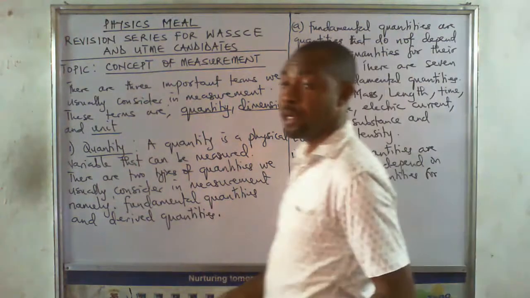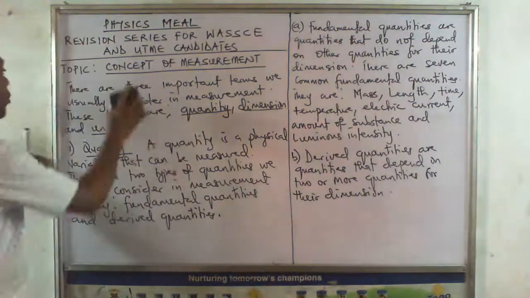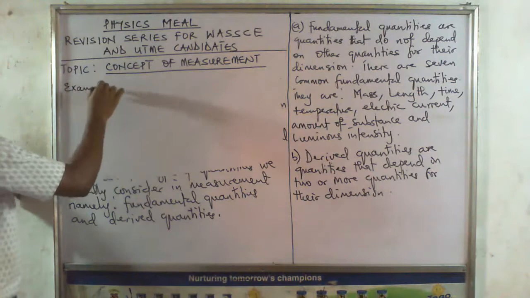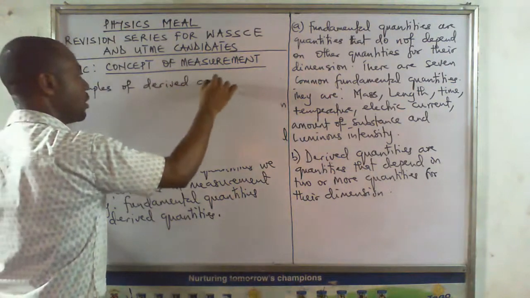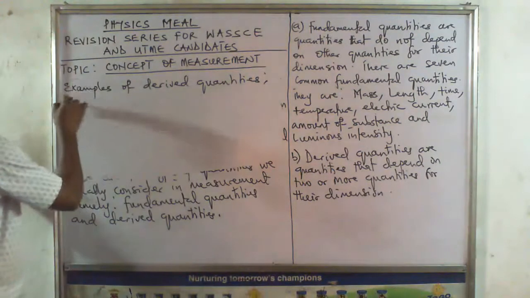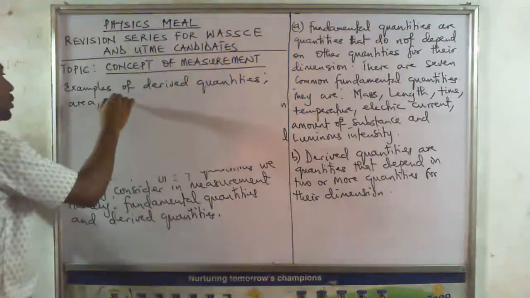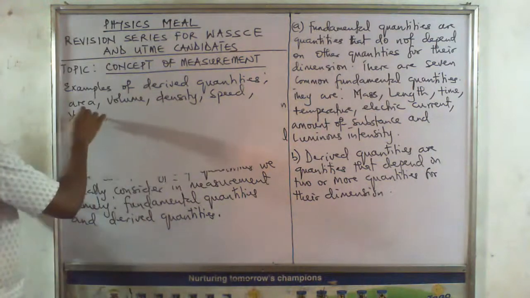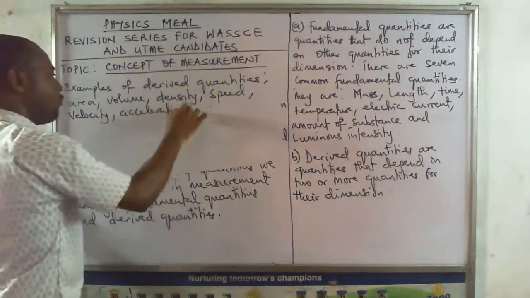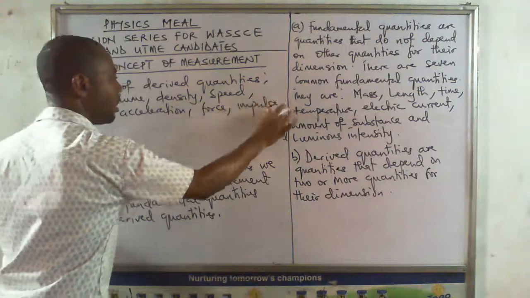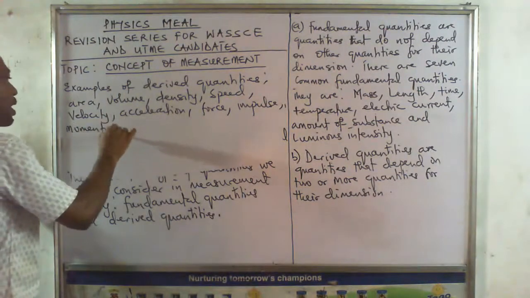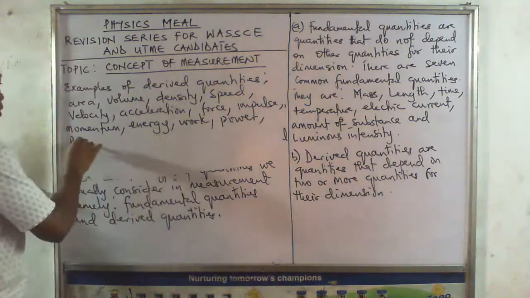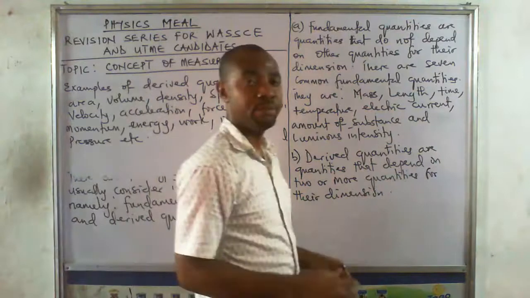There are so many of them. Apart from these seven fundamental quantities, examples of derived quantities include: area of a shape, volume, density, speed, velocity, acceleration, force, impulse, momentum, energy, work, power, pressure, etc. There are so many of them, we can go on and on.